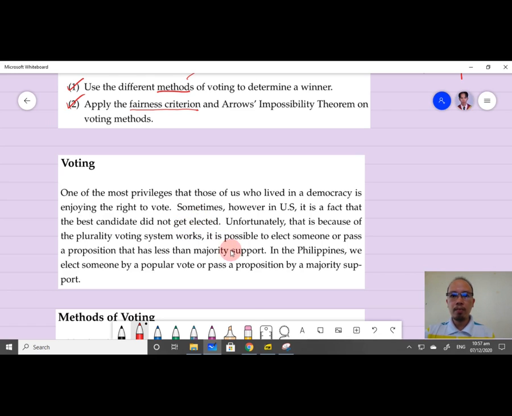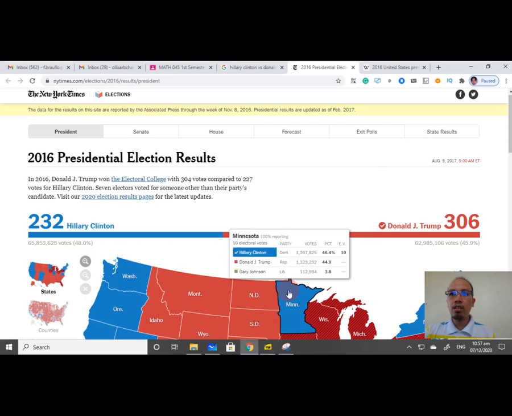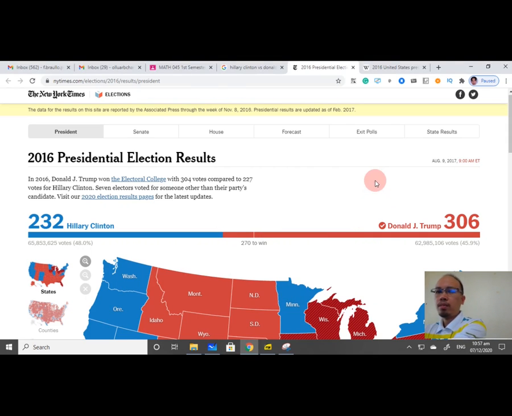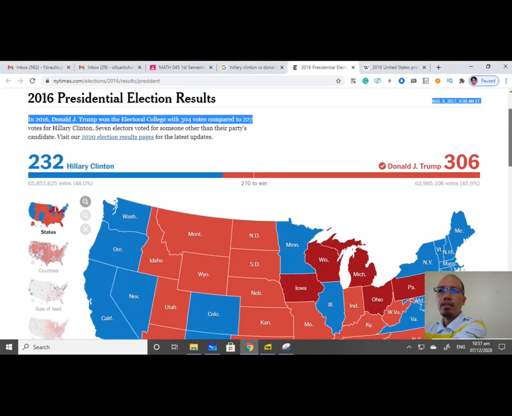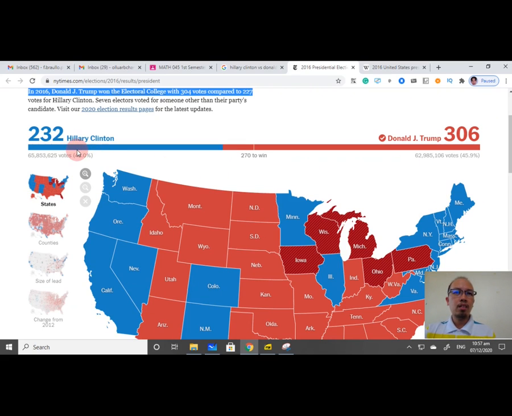Why is this? I've searched it on the internet. As you can see here, Hillary Clinton received 65,853,625 votes, while Donald Trump received 62,985,106 votes.